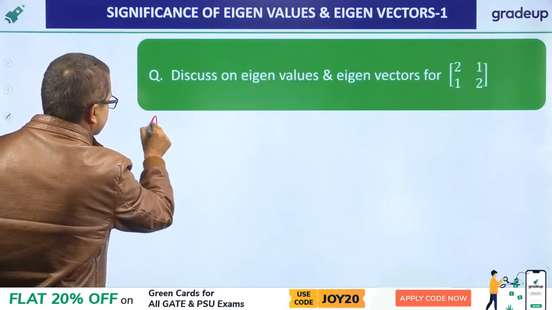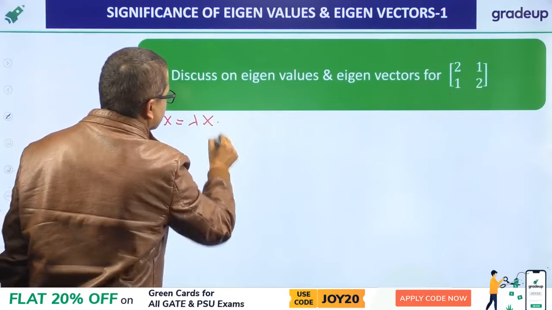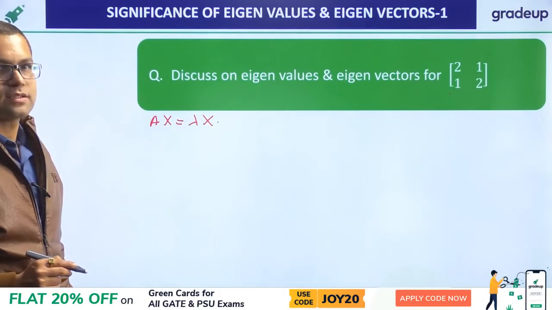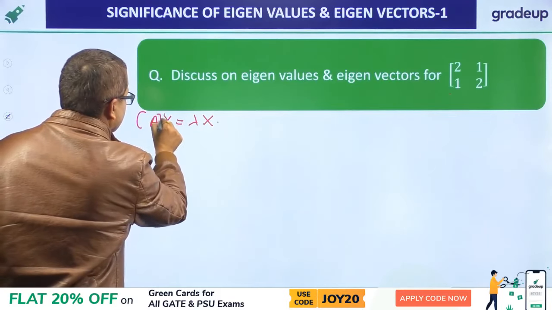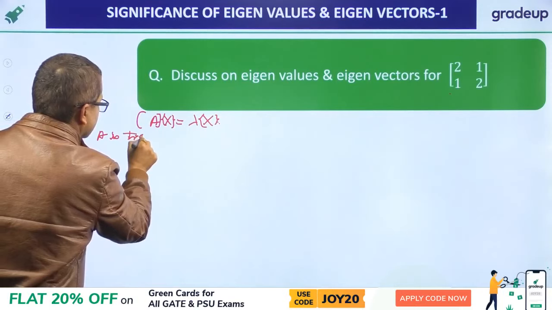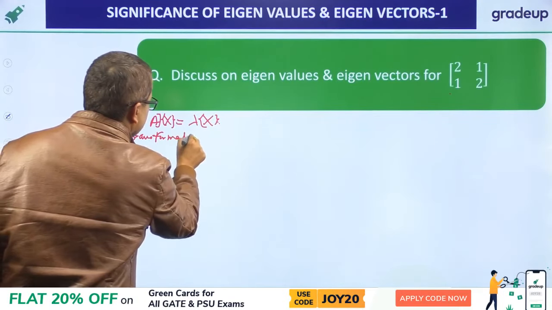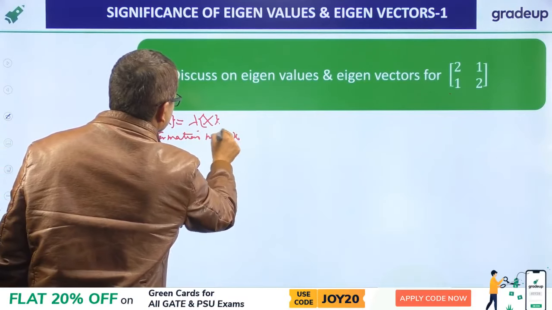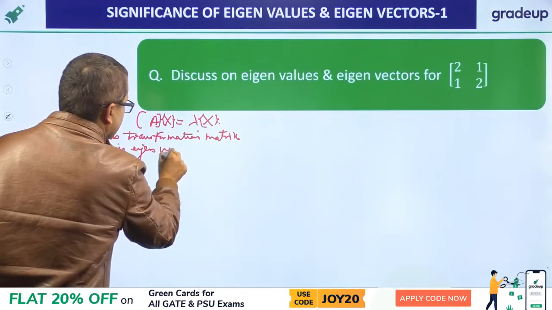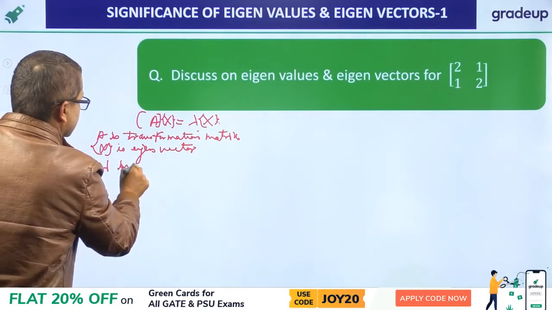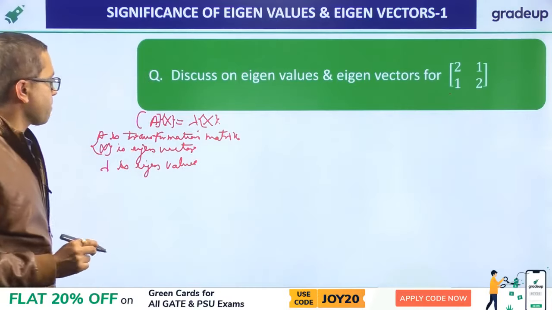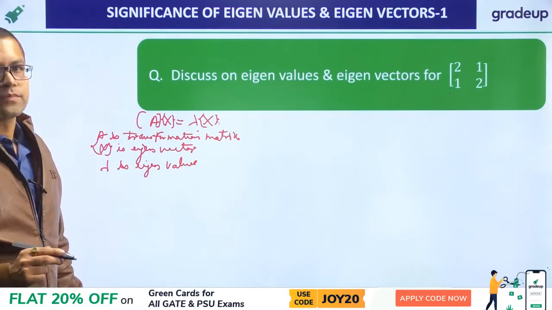What we have said is, eigenvectors satisfy Ax equals lambda x, where A is the transformation matrix, x is the eigenvector, and lambda is the eigenvalue.